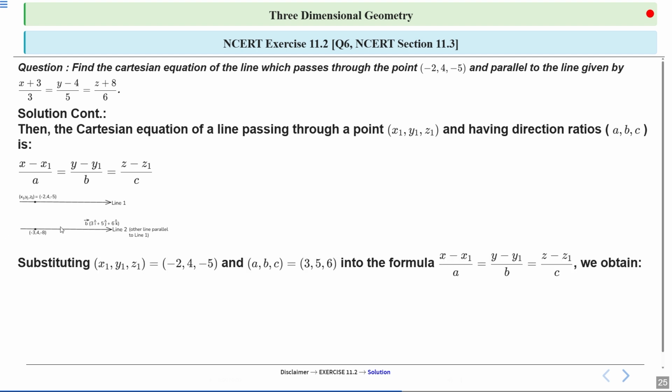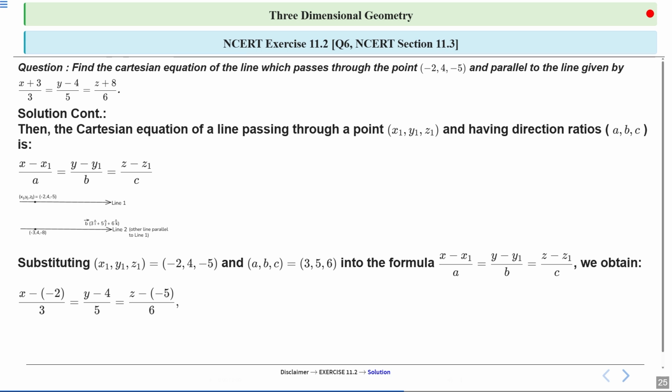Now substituting x1, y1, z1 equals -2, 4, -5 and a, b, c equals 3, 5, 6 into the formula, we get the equation for our line. So we can write x minus of -2 over 3 equals y minus 4 over 5 equals z minus of -5 over 6.